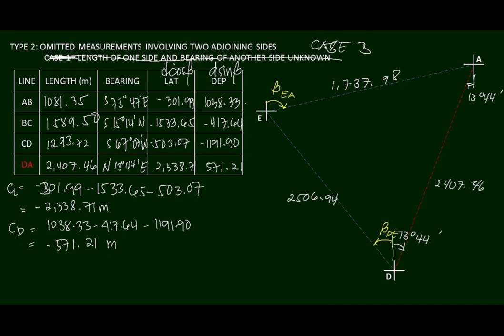Case 3 here: bearings of the two lines are unknown. Okay? So, we are now in case 3. So, how are we going to solve this one? In type 2, case 1 and case 2, we used sine law first. Coming to case 3, we will now use cosine law first.